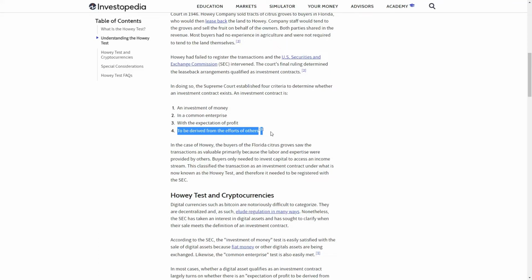Like I said, I do not have enough money by myself to develop the Ethereum blockchain, but with your money, I will have enough resources to hire devs. I'll have enough money to have platforms, blockchains, swaps, all of these different things built on top of the Ethereum network. What does that mean? You're investing the money, I'm doing all the hard work, and thus your expectation of profit is to be derived from the efforts of others.